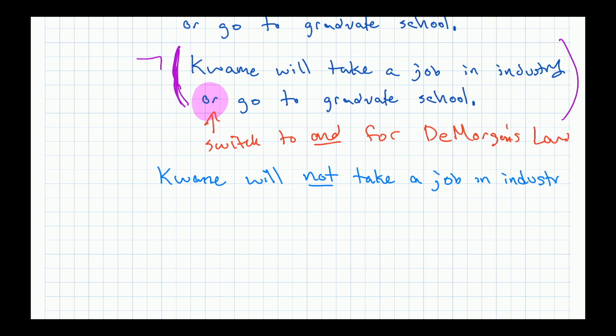That's my not P. And the or is going to switch to an and. That's because of De Morgan's law. And he was going to graduate school. We need to negate that. So now he's not going to go to graduate school. And not go to graduate school.